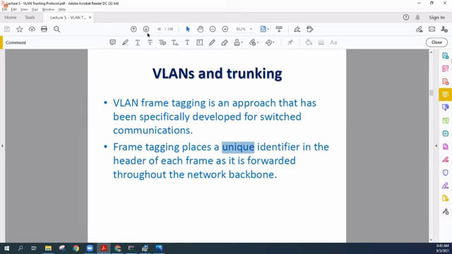Once the switch receives that, based on that tag or cap, we can understand this frame belongs to this VLAN. Then it is forwarded to that VLAN by removing the tag. After it goes to the VLAN, the tag is not needed. Inside the house the cap is not needed; only when going out of the house is the cap needed. Some sort of that understanding.